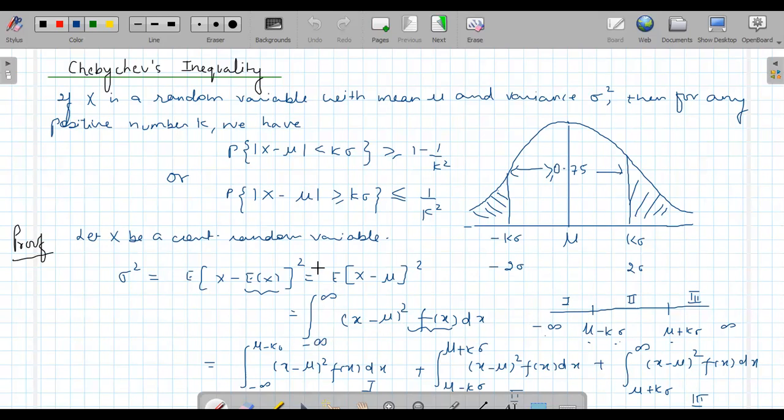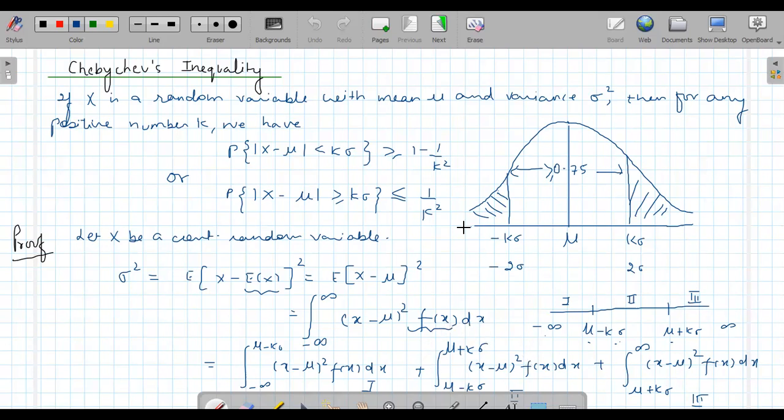Now this integral limit, because these two variables mu minus k sigma and mu plus k sigma will definitely be between minus infinity and plus infinity, we can split this integral from minus infinity to plus infinity into three parts. One is from minus infinity to mu minus k sigma. Another is from mu minus k sigma to mu plus k sigma. And the third one is from mu plus k sigma to infinity.